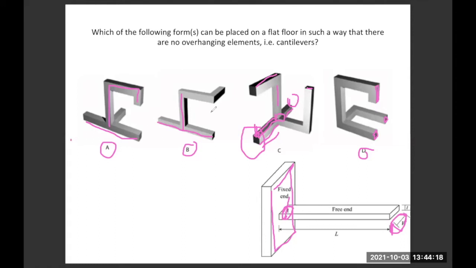Ma'am, in option A, there will be a cliffhanger. No, there won't be. Ma'am, but just the upper part is not supported. Sorry, what? The upper part in that case is not being supported by any line.